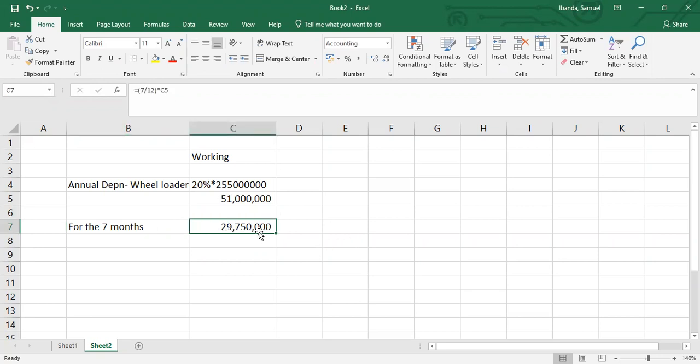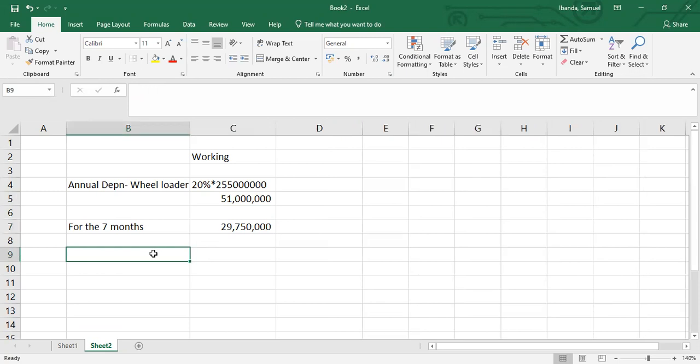You get 29,750. The 51 is the annual one. When I get 7 out of 12, I'm able to get the portion that relates to 7 months, to know the depreciation at the time when it was disposed of.